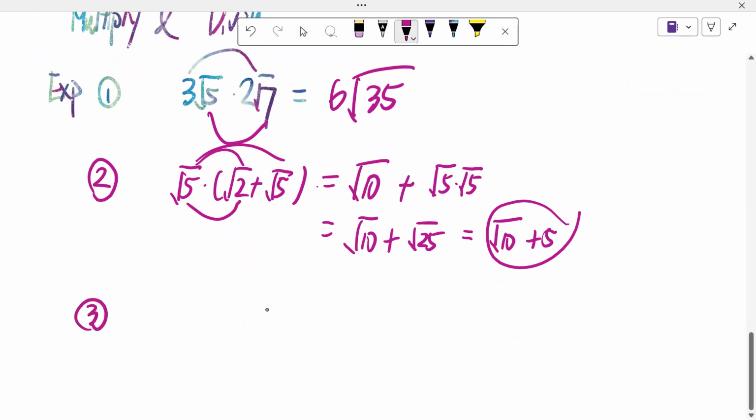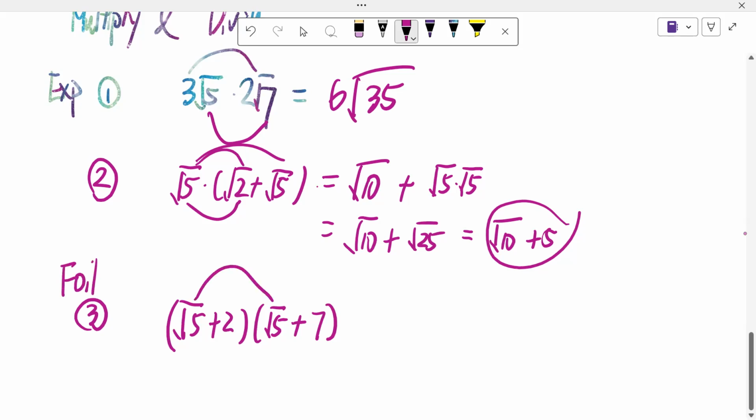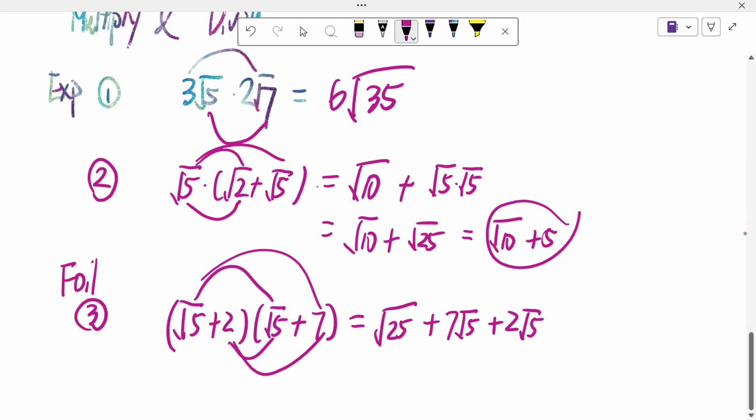Third one, let's say we get radical 5 plus 2 and radical 5 plus 7. So FOIL this, we call this FOILing. So radical 5 times radical 5, that's radical 25. And radical 5 times 7, that's 7 radical 5. 2 times radical 5, that's 2 radical 5. 2 times 7, that's 14.